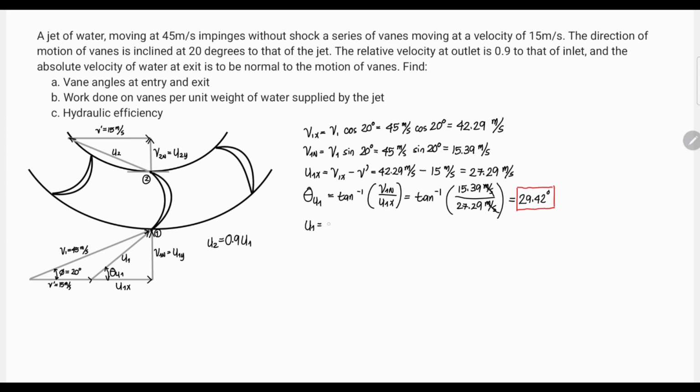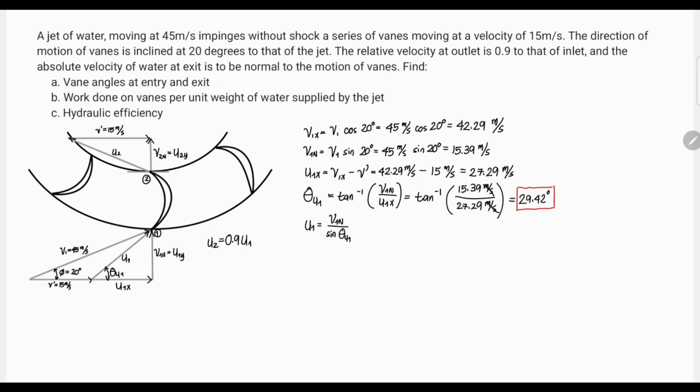we need to use the sine function and the values for our v1n and our theta u1. So that is v1n over sine theta u1. So when we rearrange this equation, sine theta u1 is equal to opposite.